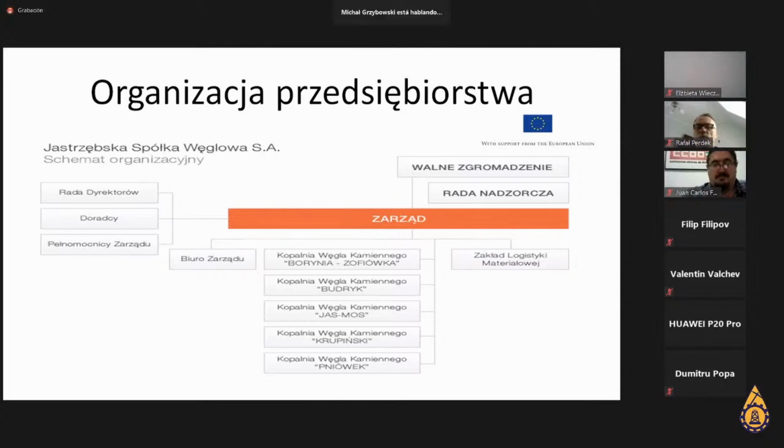The next level are the advisors, and they usually provide consultancy and advice on a number of sectors of the economy. They analyze the business environment in which the enterprise operates, and they propose certain solutions. And the plenipotentiaries of the management board is the next level. It is mostly the proxies, the attorneys, in fact.